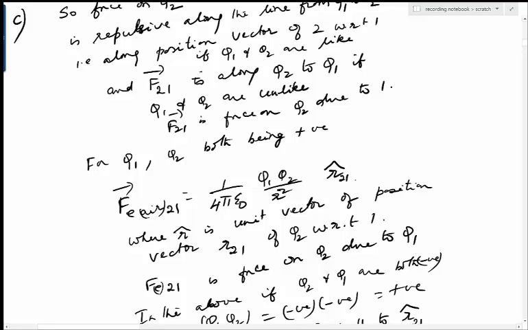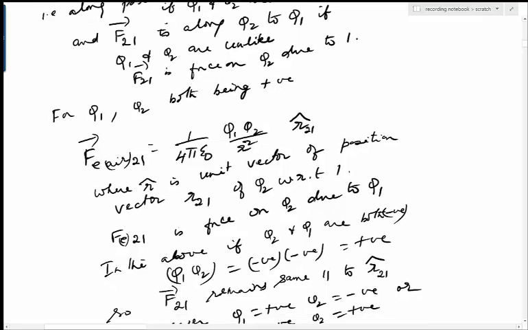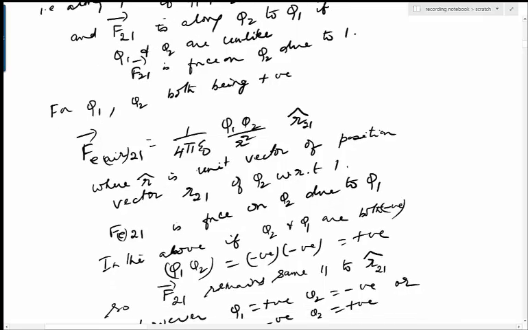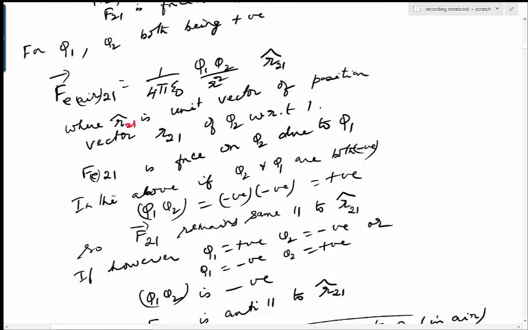Because 1 is the source charge, with respect to the position of the source charge we have to see the position vector, and it will be along the position vector's direction, the unit vector's direction, where R cap is the unit vector of position vector R21, which is Q2 with respect to 1. Fe21 is the force on Q2 due to Q1.